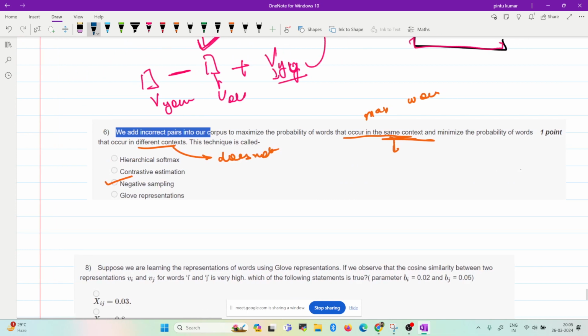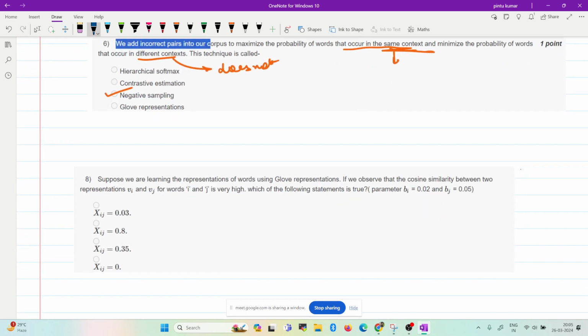Okay, so here is a question. Suppose that we are learning a representation of words using GloVe. We observe that the cosine similarity between two representations is very high. Which of the following statements is true? So what is the cosine similarity? Vi transpose Vj, and what we want is plus Bi plus Bj to be approximately close to Xij, right?